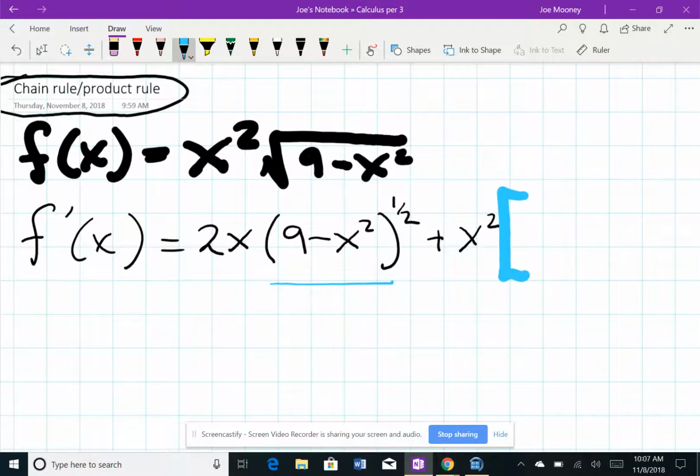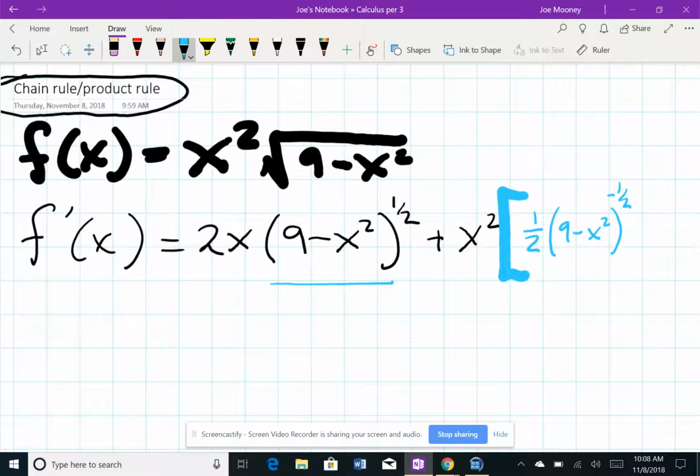It's a power rule. So you pull the 1/2 down, then you leave the inside alone. So 9 minus x squared. Then you reduce the power by 1, right? So we're just doing the power rule. Bring the power out, reducing by 1. So 1/2 minus 1 is a negative 1/2.